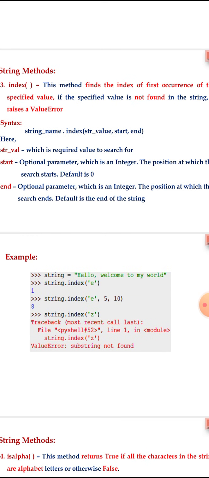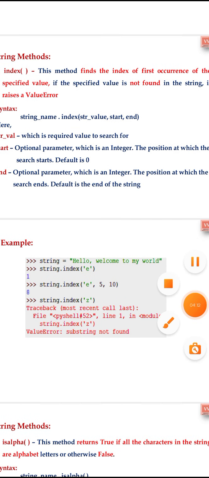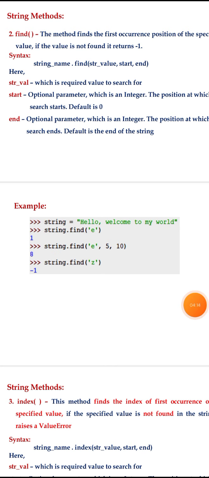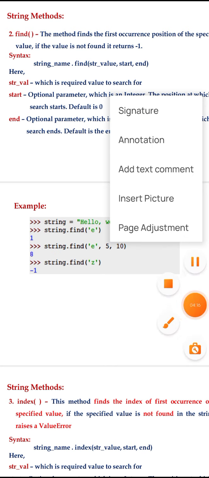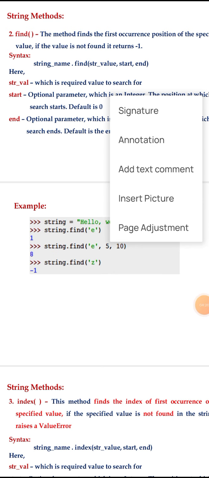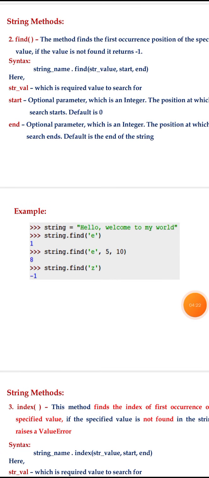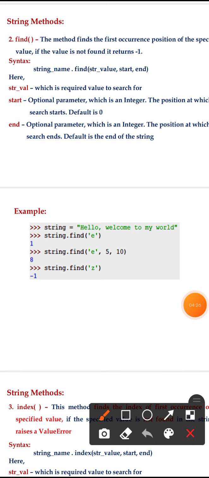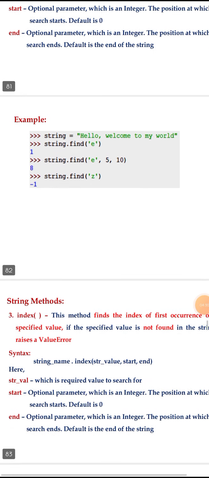And string index Z is not found in this string, so it gives an error. The difference between find and index is that in find, if the value is not found, it returns -1, whereas in index, it gives a ValueError.